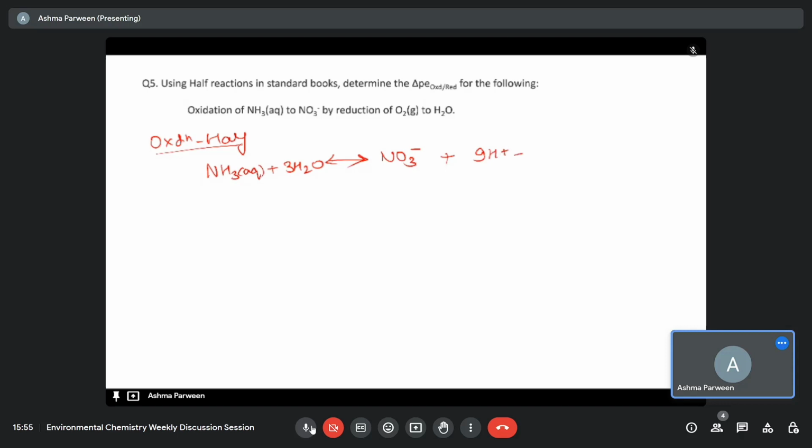And the last step is to balance the charge on both sides. On the reactant side the charge is 0, so the charge should be 0 on the product side also. So we will add 8 electrons. Now let's write the reduction half cell.